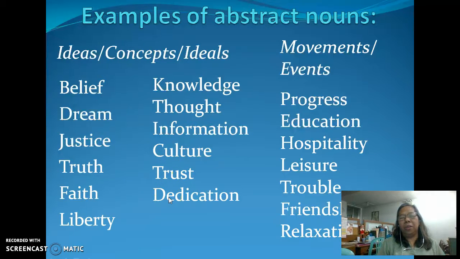And then under the category movements or events, I have these examples: progress, education, hospitality, leisure, travel, friendship, and relaxation. Okay? So, what I'm going to do now is to define some of these words to illustrate how they are different from the concrete nouns.